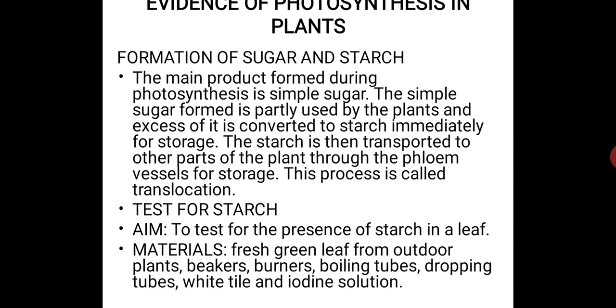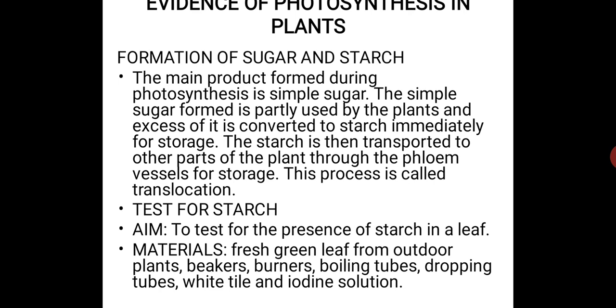As biology students, we all know that we don't believe only in theories, but we believe also in practicals in order to know if what we heard is true. Now, evidence of photosynthesis in plants. That's formation of sugar and starch. The main product formed during photosynthesis is simple sugar.